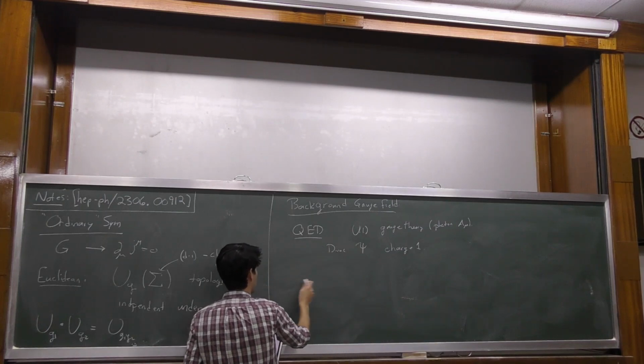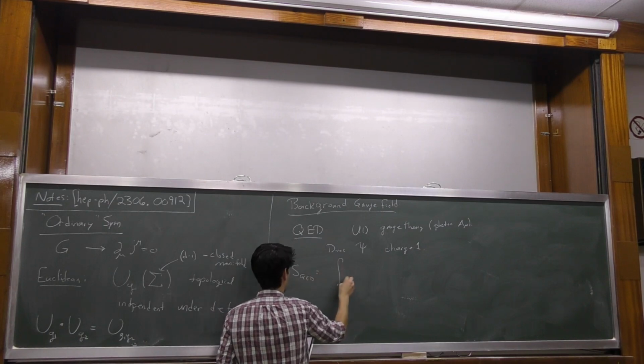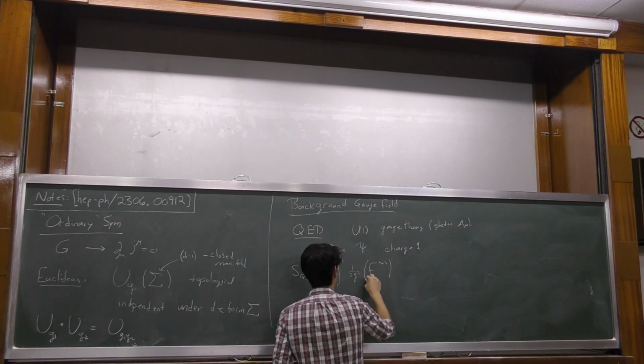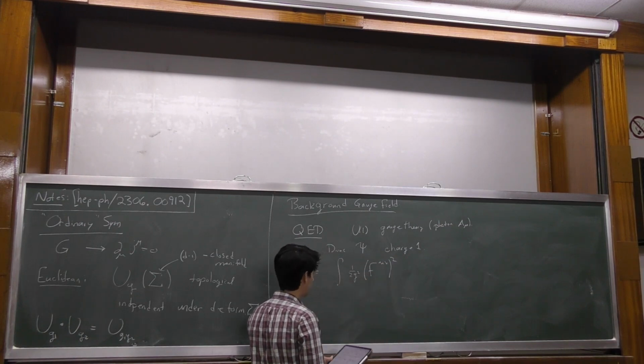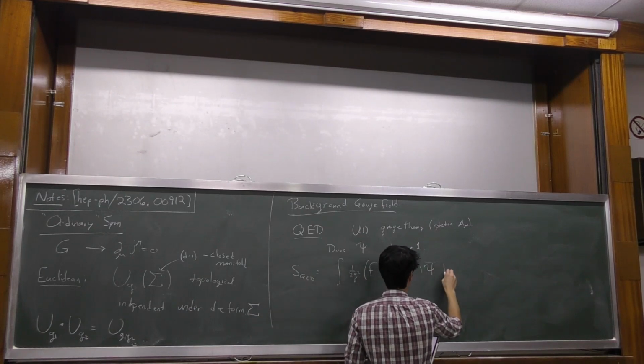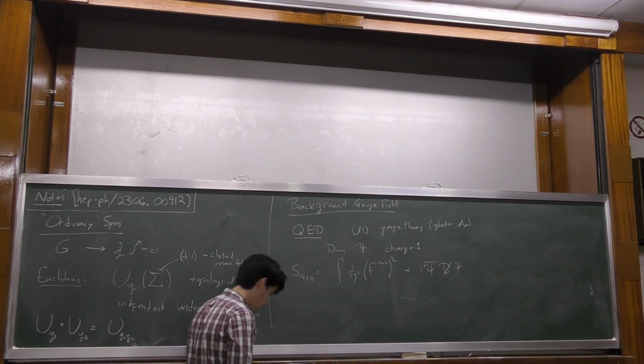And you can write the action for QED, loosely, like this. This is the kinetic term for the photon, and then you have something like i psi bar D slash psi.